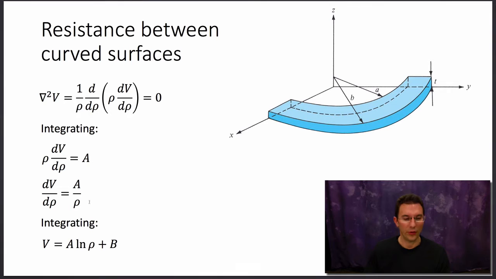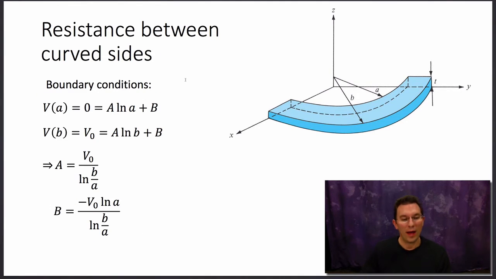The integral of 1 over rho is simply the natural log of rho, and we have a second integration constant that pops out. So for rho between a and b, this is the expression for our potential right here. We don't know what A is. We don't know what B is yet, but we know that the potential takes this form.